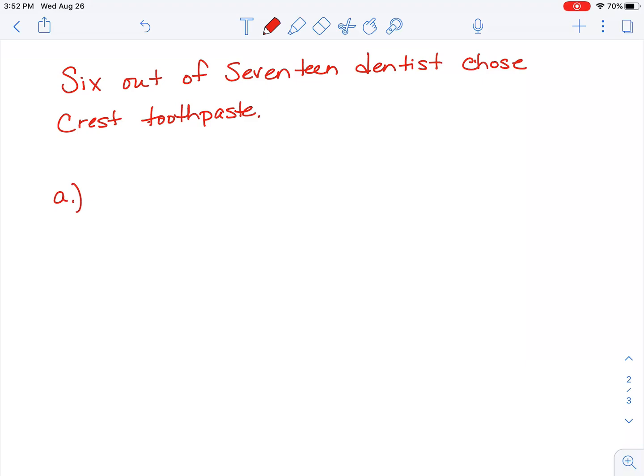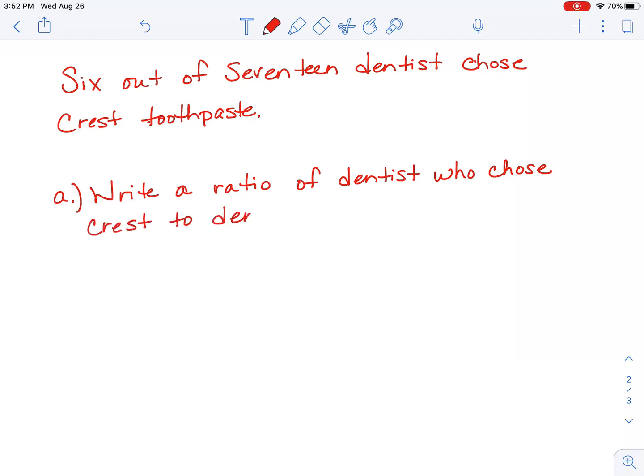Okay, so then I came down here and I said part A, write a ratio of dentists who choose Crest to dentists who do not choose Crest.